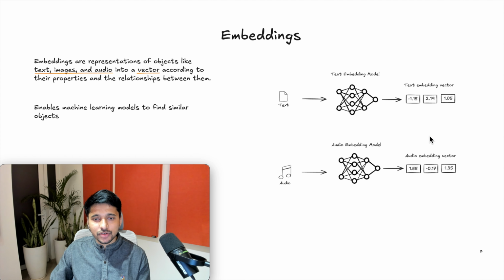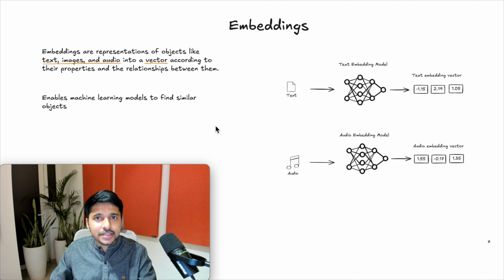So ultimately what we are doing is converting a format into the vector format so that machines can actually learn about the similarities. It enables the machine learning model to find the similar object, and that is going to help us in many use cases.